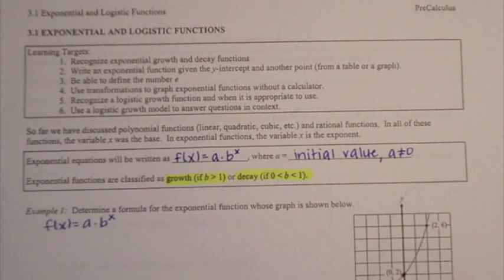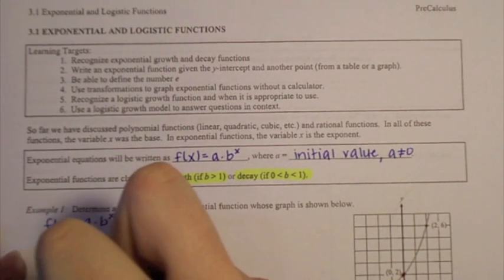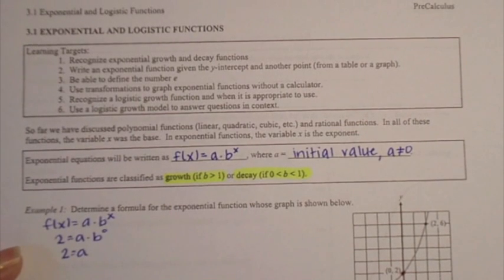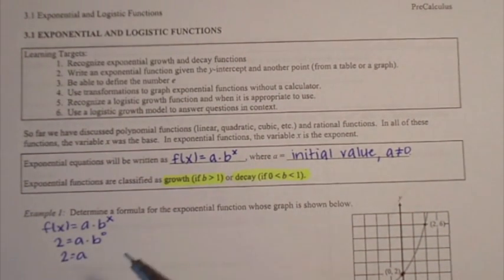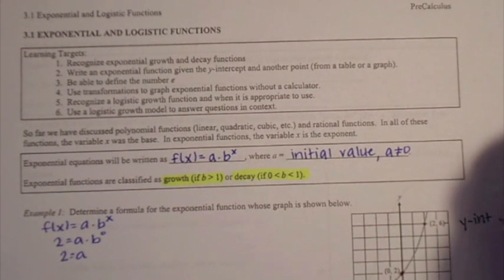So we know the point is 0, 2, and we can substitute it into our equation. So we have 2 equals a times b raised to 0, and we see that a equals 2. We can also just replace our a with 2 because the y-intercept here represents the initial value of the function, which is where our function is evaluated at 0.